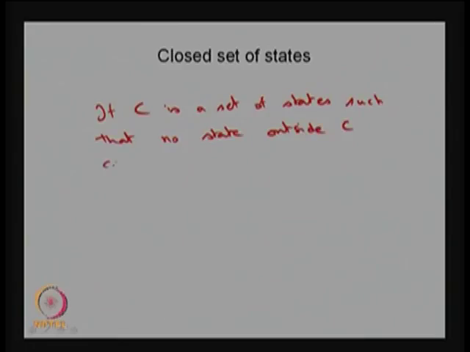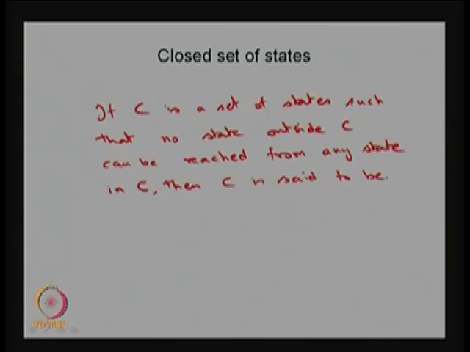A closed set of states: if C is a set of states such that no state outside capital C can be reached from any state in capital C, then we say the collection or the set C is said to be closed.